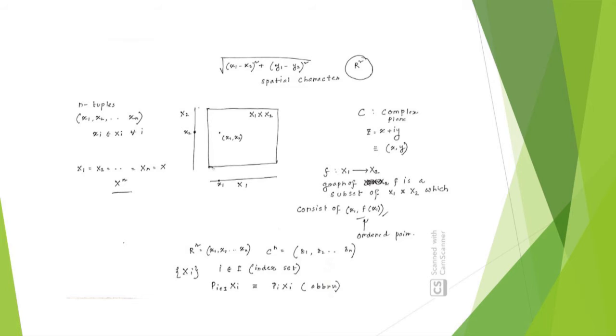They're all non-empty sets, and their product capital X1 cross capital X2 cross up to capital Xn is the set of all ordered n-tuples. What is the n-tuple? x1, x2, up to xn, these ordered n-tuples where each xi belongs to the set capital Xi for each i.